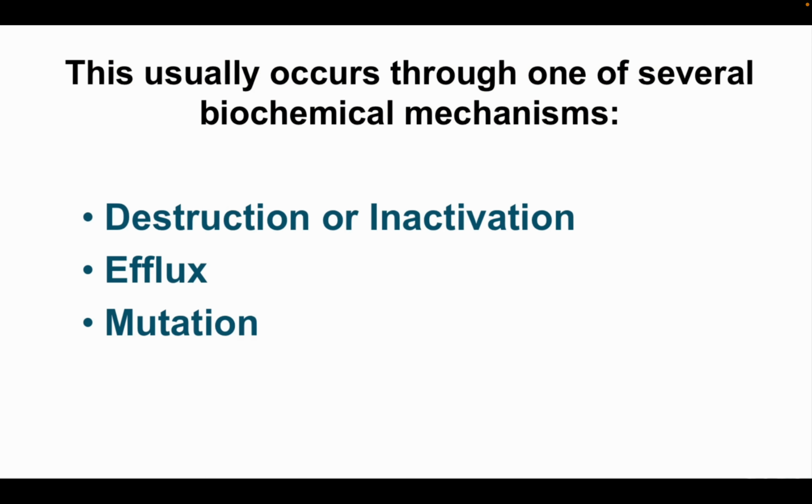That resistance usually occurs through these biochemical mechanisms. Number one, destruction or inactivation, a simple process by which antimicrobials are used to destroy the bacteria. Number two, efflux, and number three, mutation.